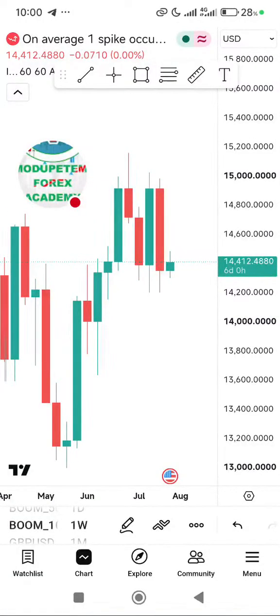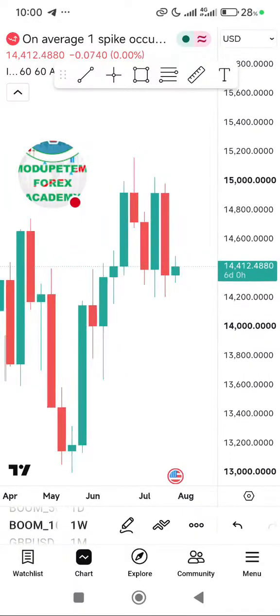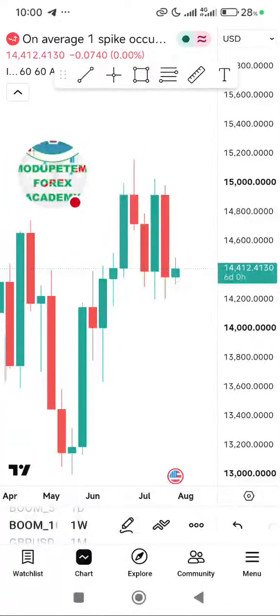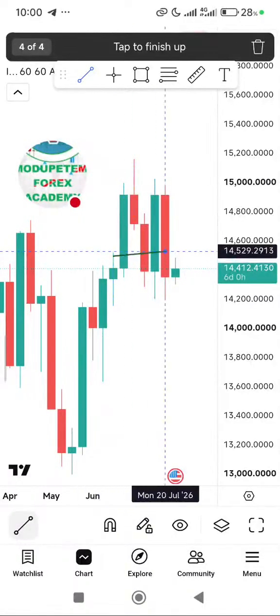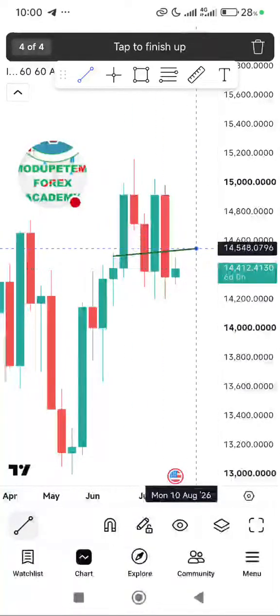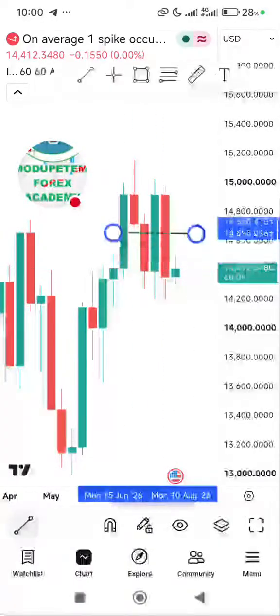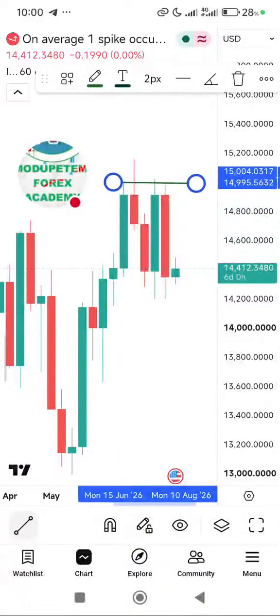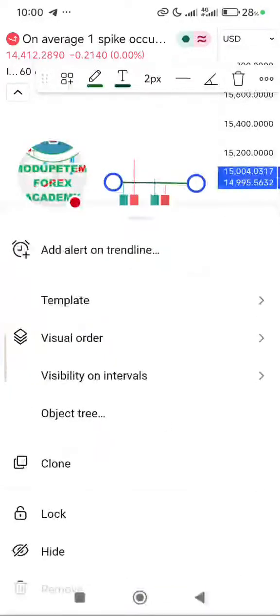On the weekly time frame now, I can see this CRT, but this CRT has already been traded to. I can spot this CRT, and it has already been traded to. They've traded beyond it.